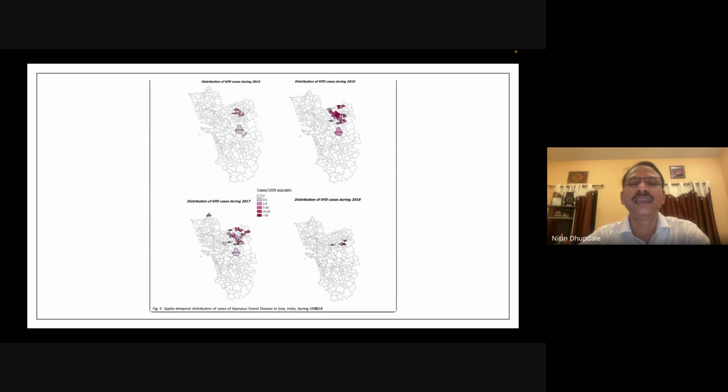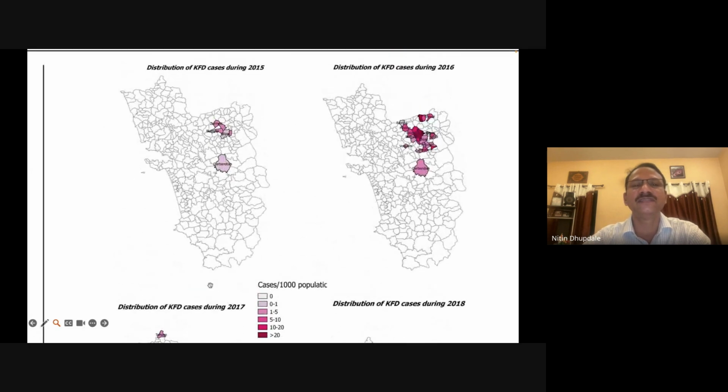This is an area level aggregation of the KFD cases. So you can see that in the northern part of Goa, there was clustering of cases which started in 2015 and which increased in 2016.